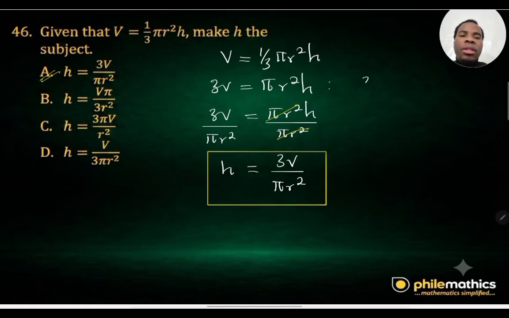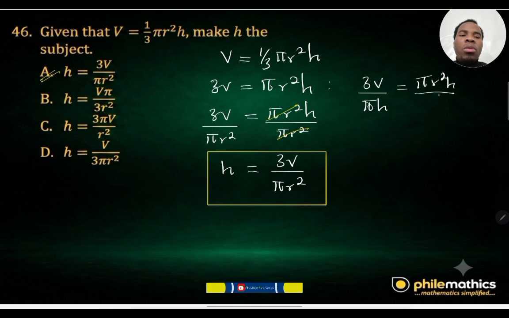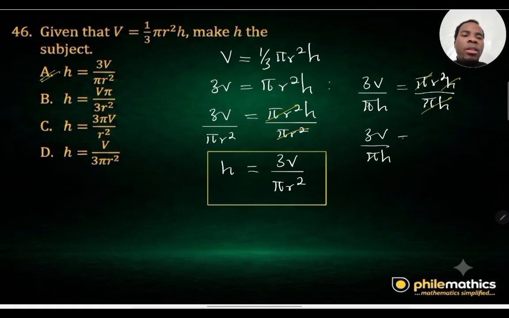That means 3v over pi h equals pi r square h over pi h. So we cancel pi h, and we are left with 3v over pi h equals r square.